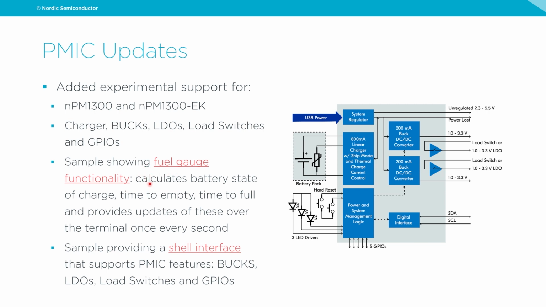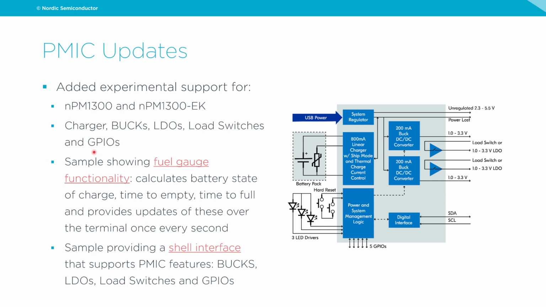It calculates the battery state of charge. It also gives you time to empty or time to full, depending on whether the battery is being charged or discharged, and it provides updates on these parameters over the serial terminal once every second. The second sample provides a shell interface so that you can interact through the shell with the PMIC features: the bucks, LDOs, load switches, and GPIOs.